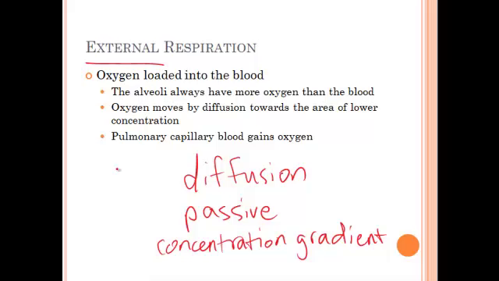But basically what it means is that molecules, this relates to a lot of different things, but mainly molecules, are going to move from high concentrations to low. And that's what diffusion is. So high concentrations moving to low concentrations.